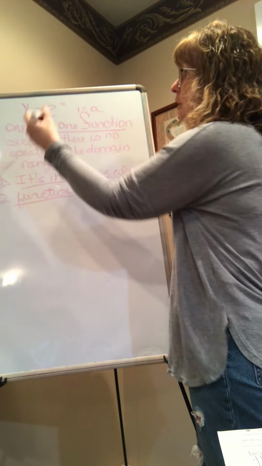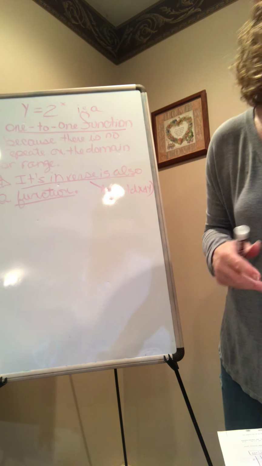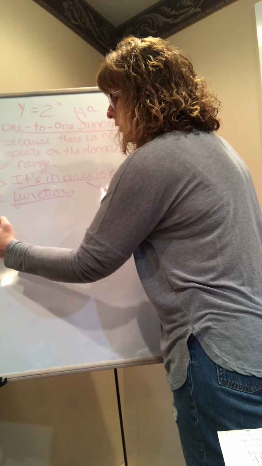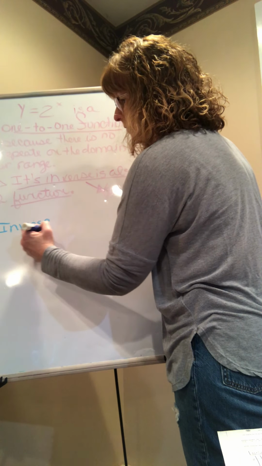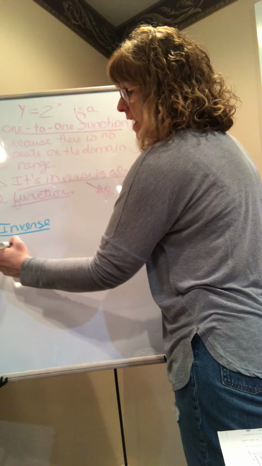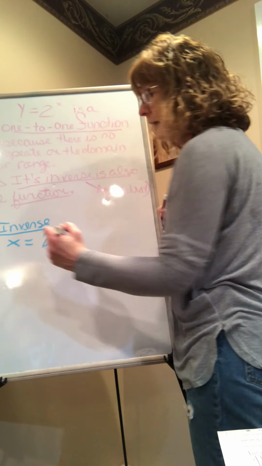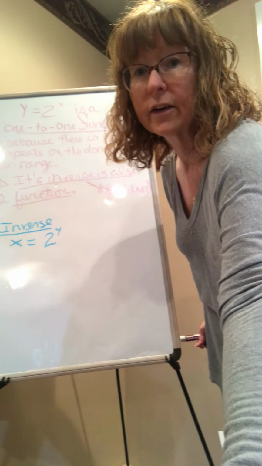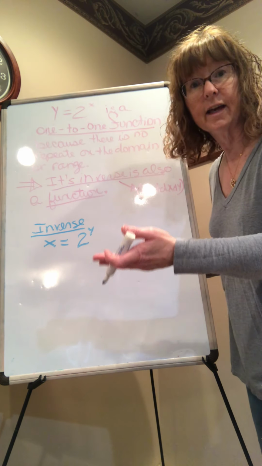So if I switch x and y, then the inverse would look like this. We would have x is equal to 2 to the y. Now there's no x key on the calculator. So now we have the problem: how would I get this on the calculator?